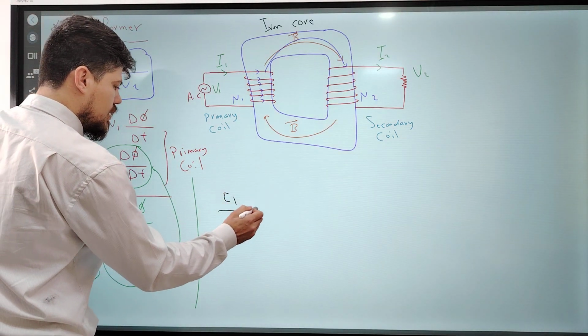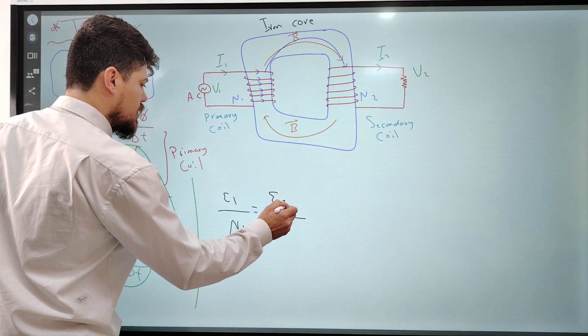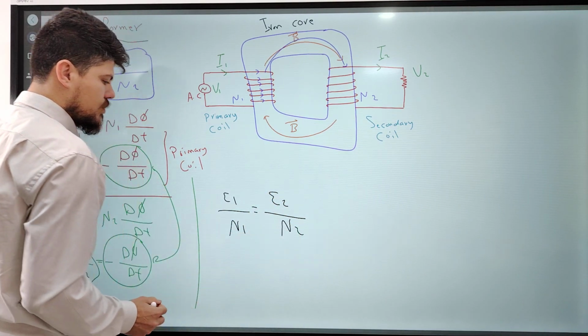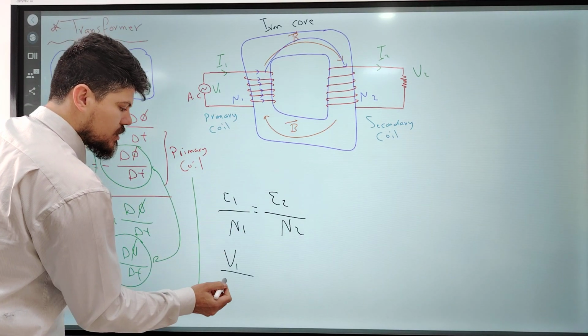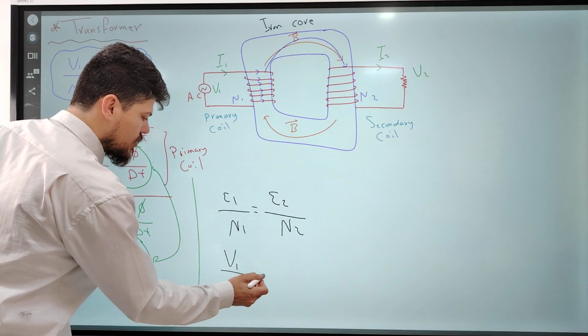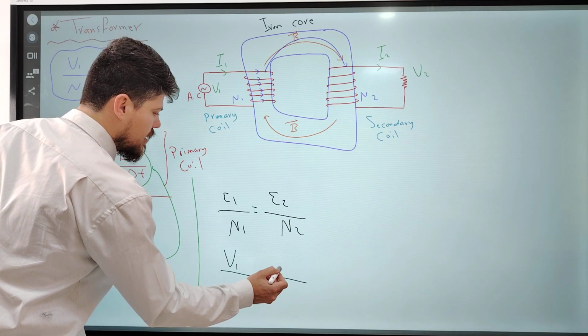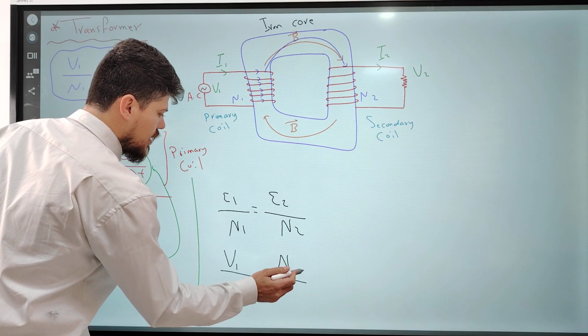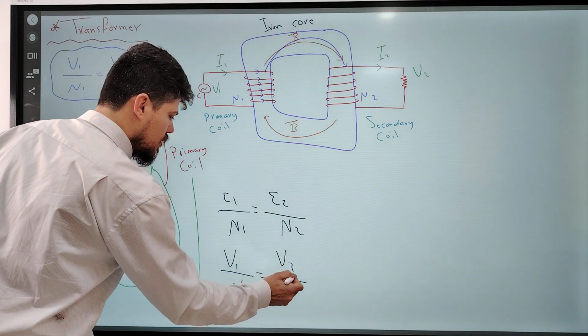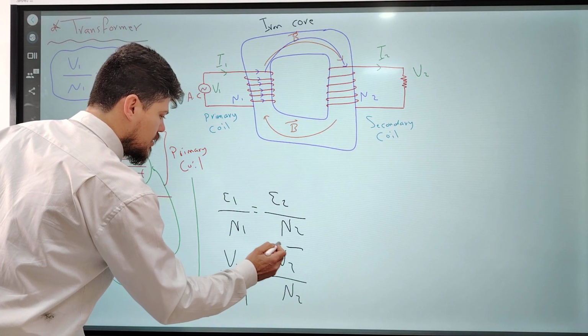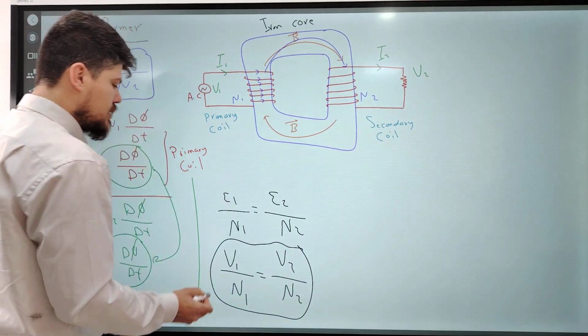E1 over N1 is equal to E2 over N2. You can write V1 instead of epsilon, because they have the same meaning: V1 over N1 equals V2 over N2. What is V1?